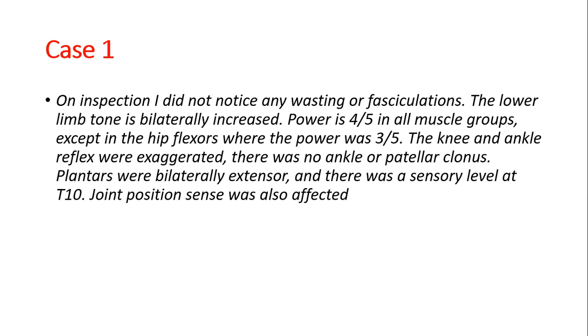So you can finally say, this patient has a bilateral spastic paraplegia. The lesion is in the spinal cord at the level of T6, because that is where the sensory level ends. Okay, that is easy in 70% of the people because they have a sensory level.